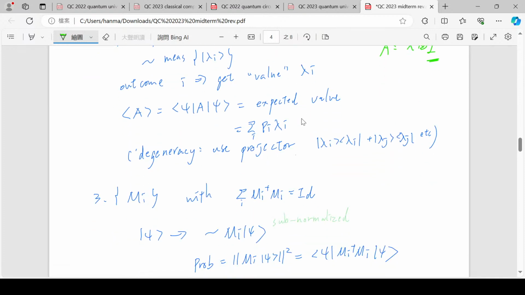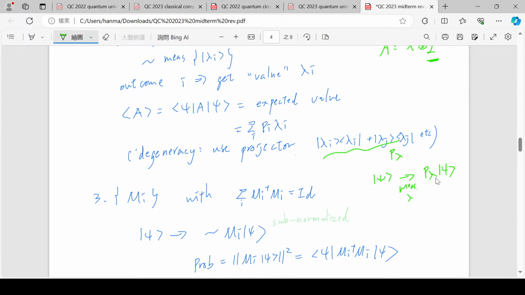And when you have that, say this is equal to P_lambda, then your psi, let's write beta, measured in lambda will become P_lambda psi.